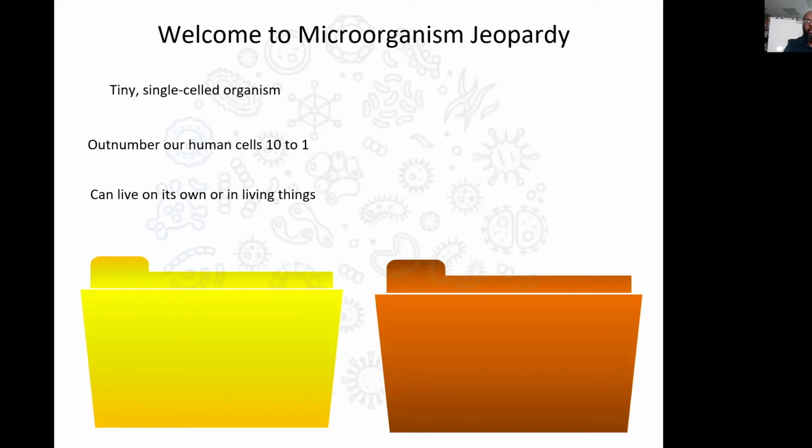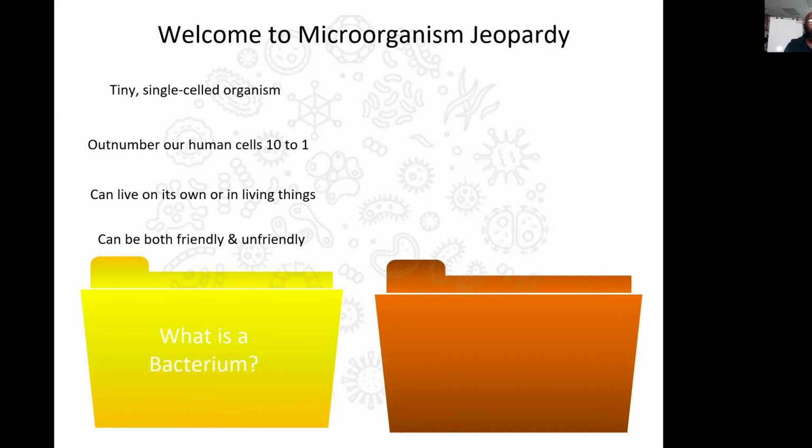You want to take a guess as to what this would be? It also can be both friendly and unfriendly. So there are considered to be good forms of this and bad forms of this. So would this be, what is a bacterium? What is a bacterium?